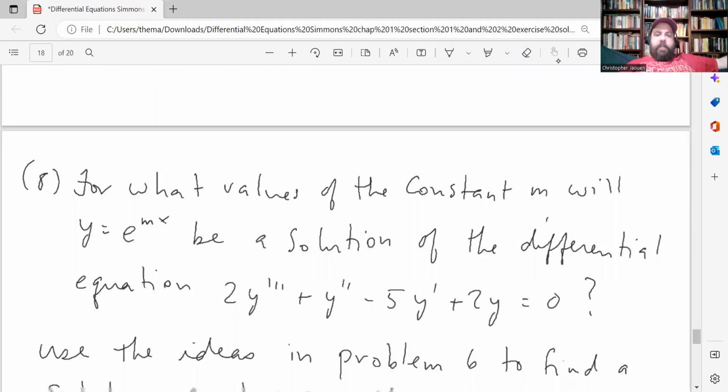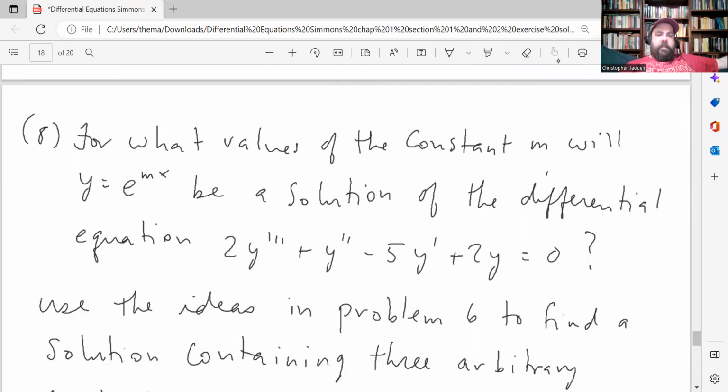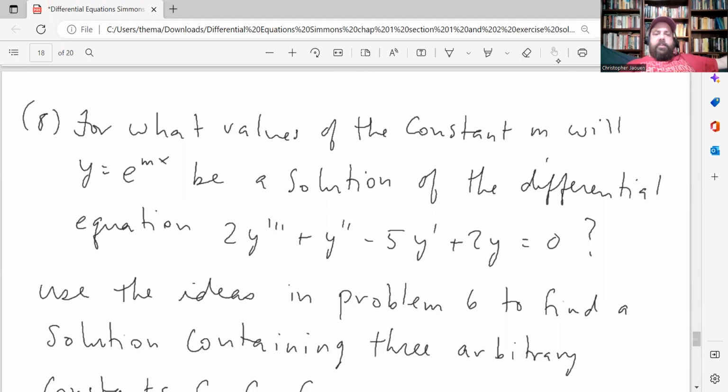Right, and then the last problem was this one, number 8. For what values of the constant m will y equal e to the mx be a solution of the differential equation? This one is third order, because the highest order derivative that occurs is the third one. Third derivative, this is second derivative, first derivative, 0th order derivative.